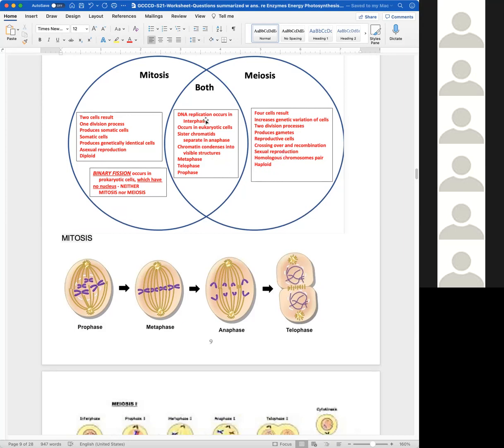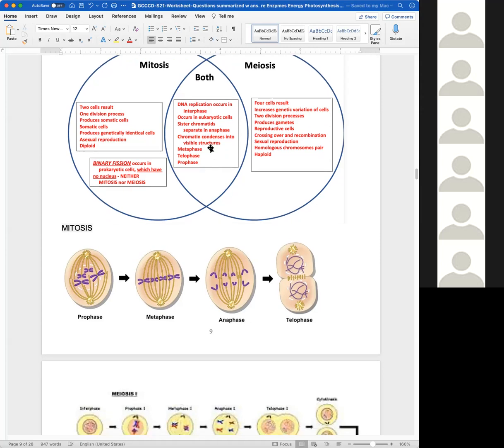Now, what's common to both is that they both have DNA replication. This has to be, and that occurs in interphase in both processes. They both occur in eukaryotic cells. In both cases, sister chromatids separate in anaphase, and in both, chromatin condenses into visible structures.